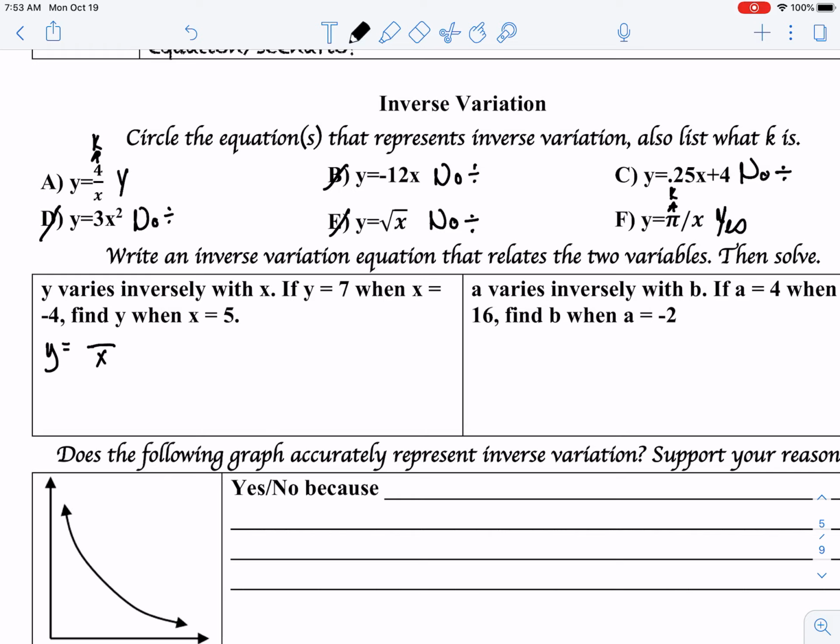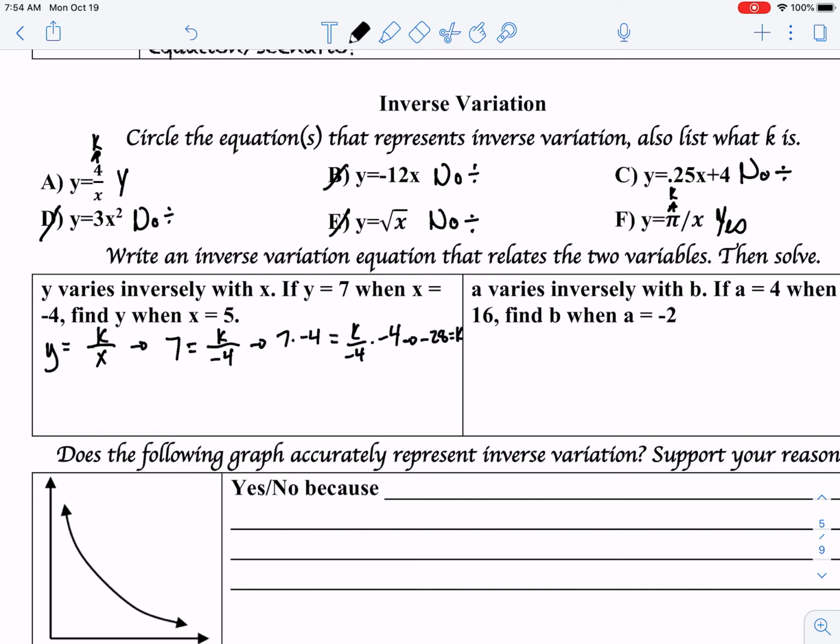X. If y is 7 when x is equal to -4. Again, find k first. The way you get rid of division is multiply. So 7 times -4 equals k over -4 times -4. What this does is being -28 is equal to k.